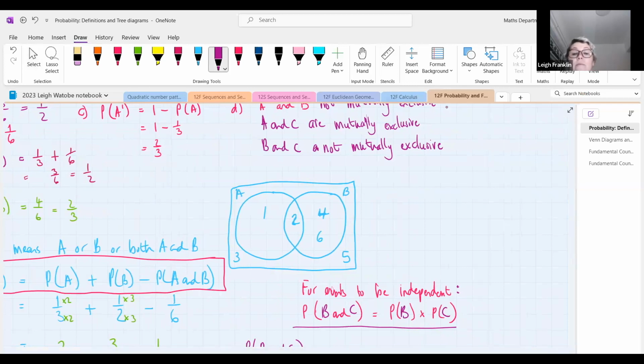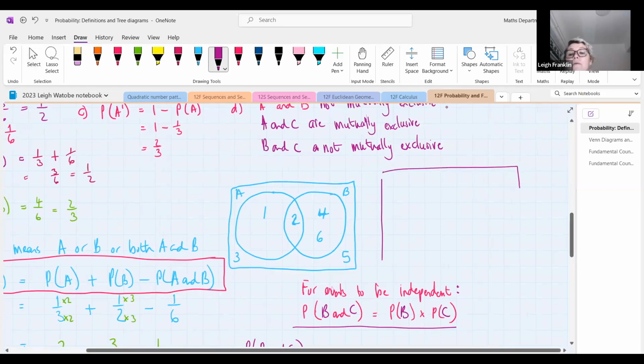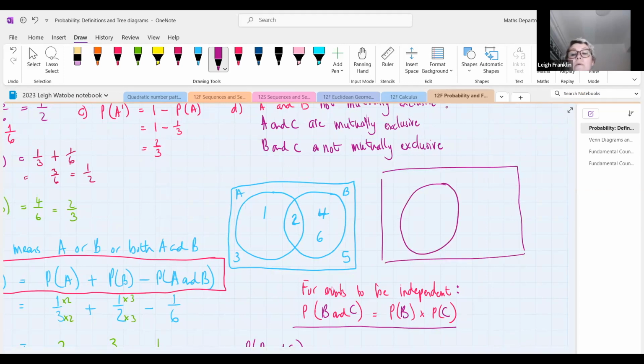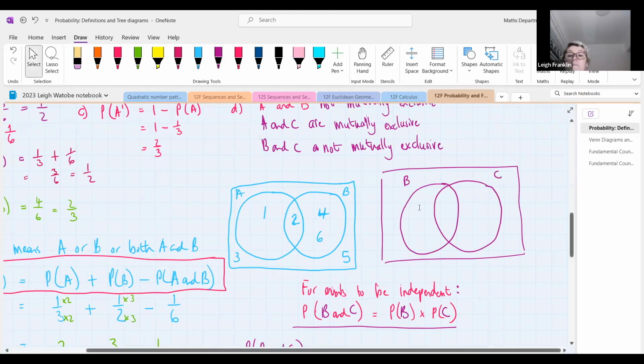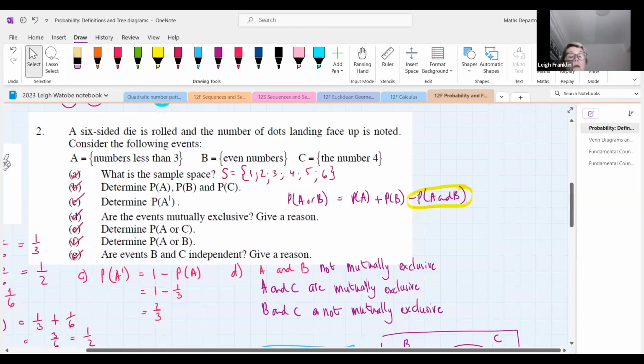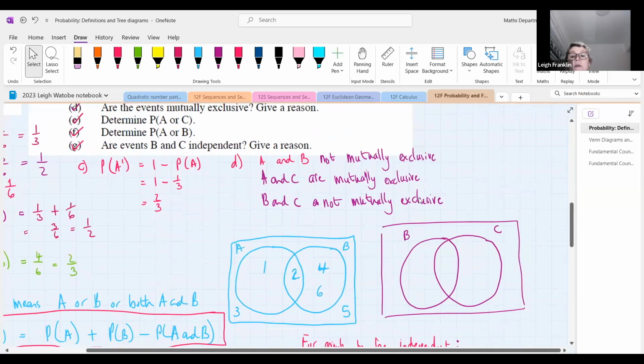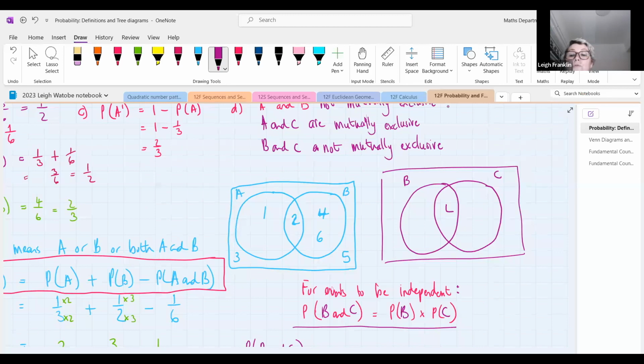So let's draw a diagram for B and C. So there's B and there's C. B is the even numbers and C is the number 4. So 4 is going to go here, 2 and 6 are going to go here, and 1, 3 and 5 are on the outside, because they are not B or C.